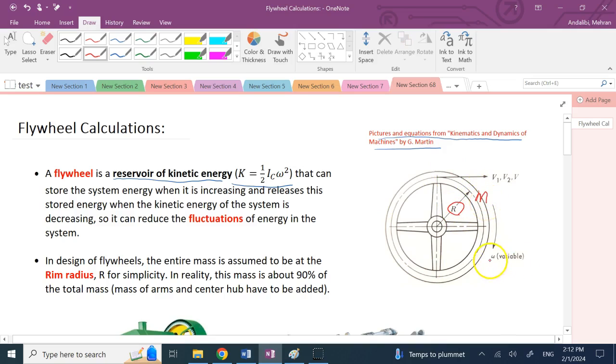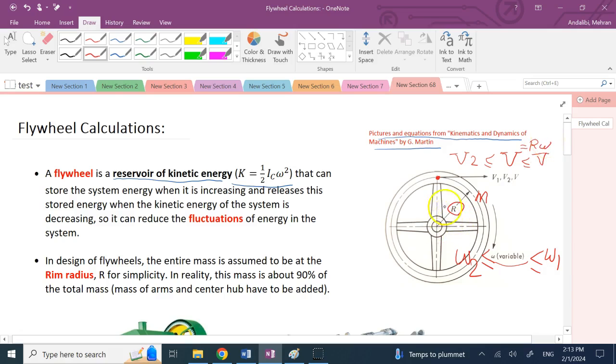And this omega that it is spinning with is variable. It goes between omega 2 and omega 1, or the velocity of a point on the rim, v, goes between v2 and v1, where v equals r times omega, as you know from dynamics.